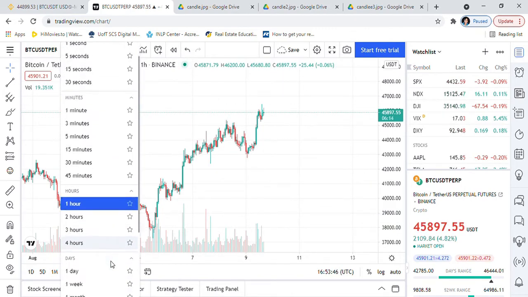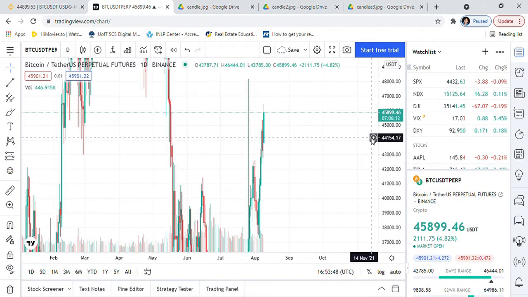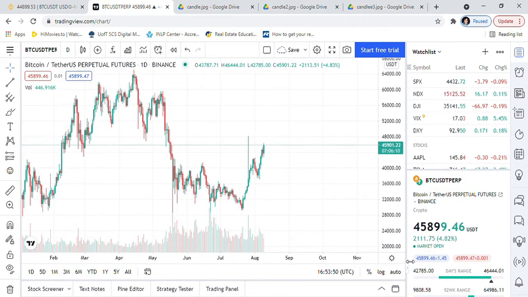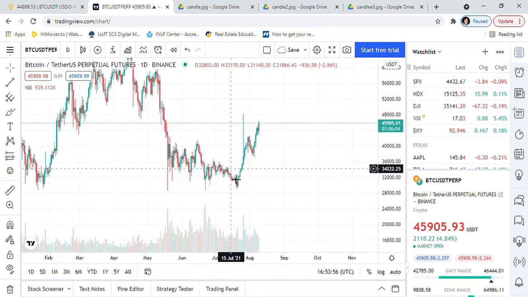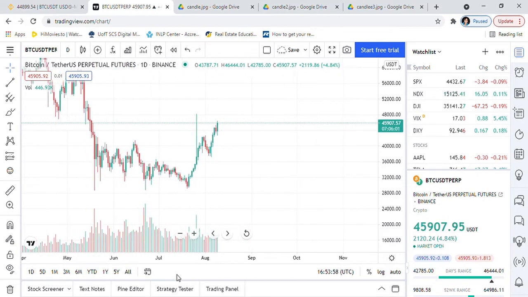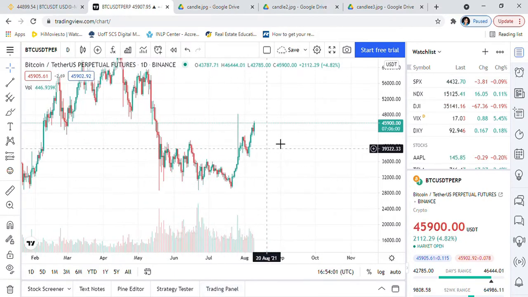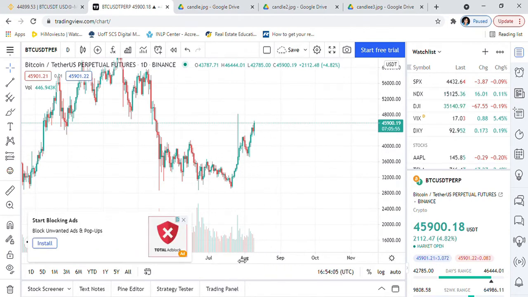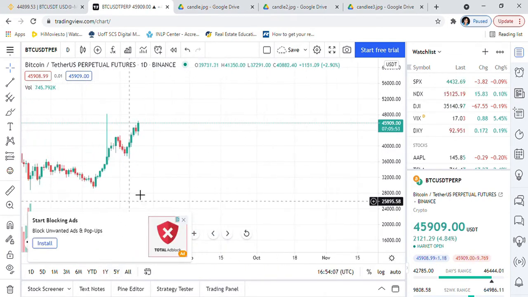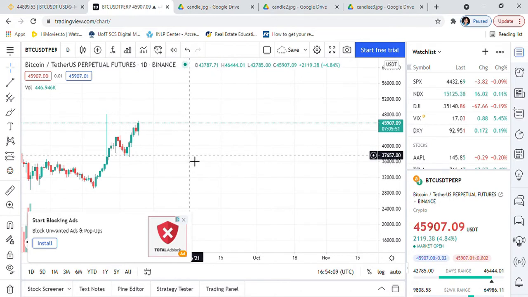So if I go to the 1-day time frame here, I can see that this area right here is a support.